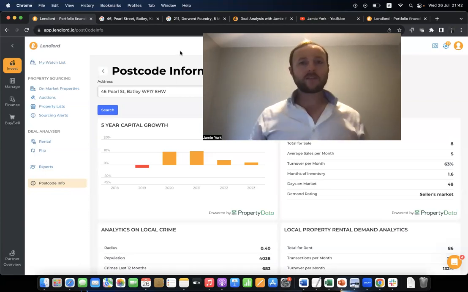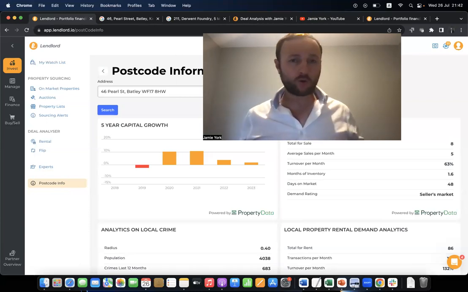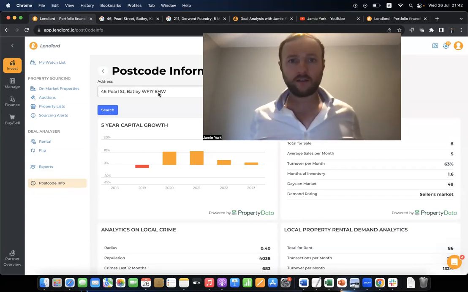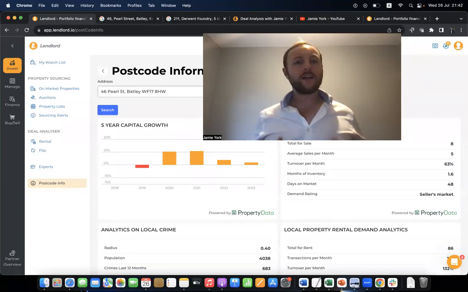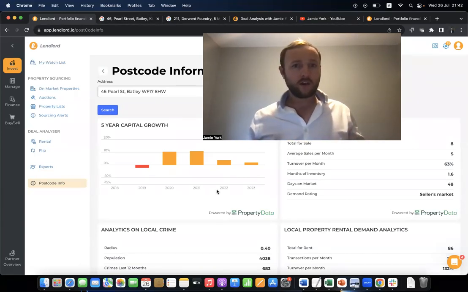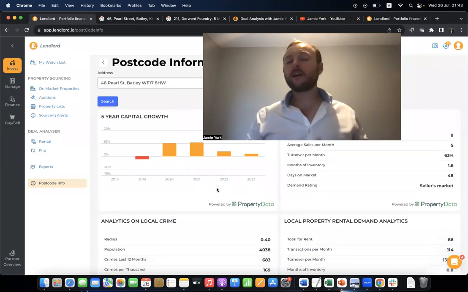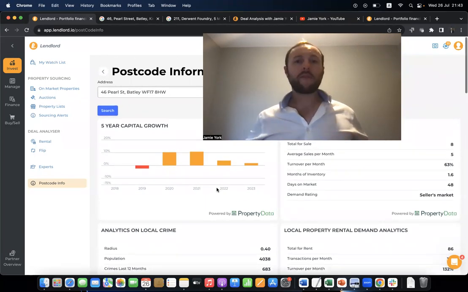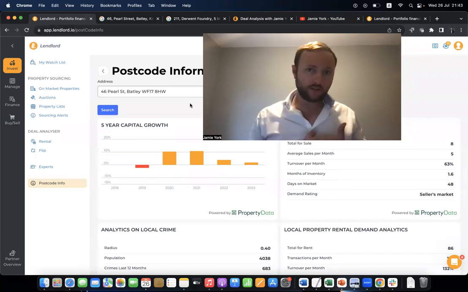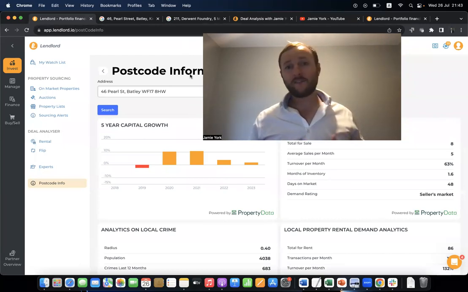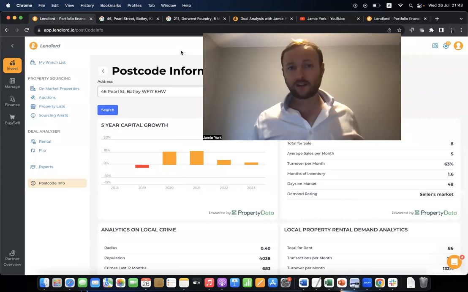Whereas, let's say the area has only got 50% owner occupier and social housing in the area is 30%, then that's going to indicate a less desirable area for people to live and own there. And it's a much higher social tenant there. Now, it's nothing against social tenants at all, but that usually means crime will be higher in the area. And if it goes much higher than 30%, that's when you're going to struggle getting mortgages and stuff like that. So I think that's really important.